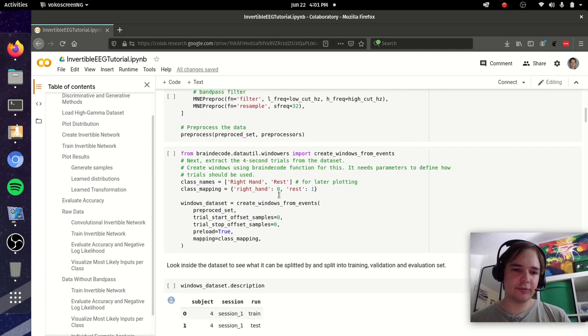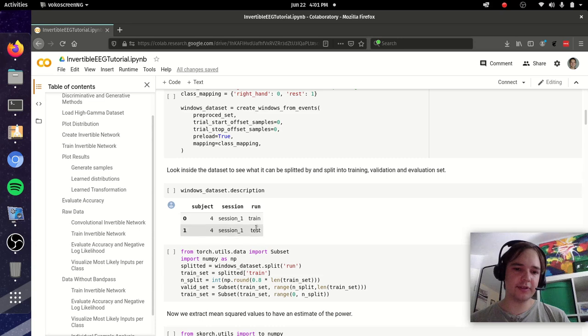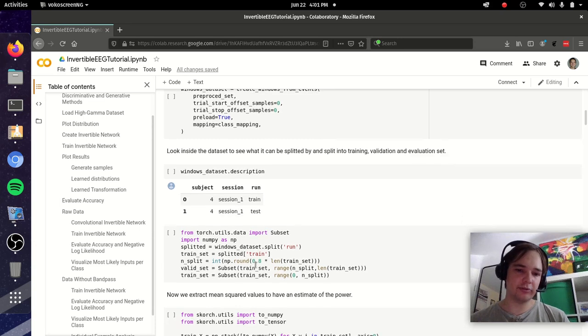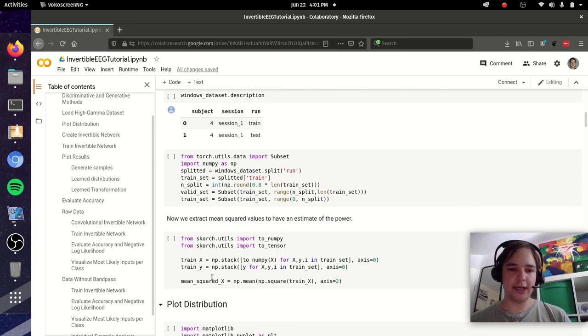After we have done that, we will also split the data, because there's a training set here and a test set, and we will just use the training set and also split that further into a training and a validation set. And then we will extract the alpha power by just squaring the values and taking their mean over time. So we'll always have a mean squared value for each of these 4-second trials for both C3 and C4.